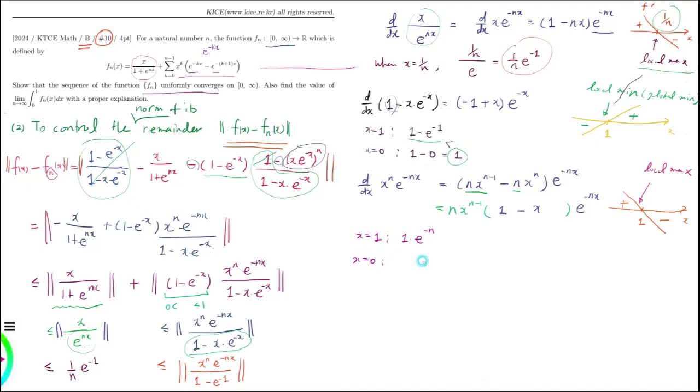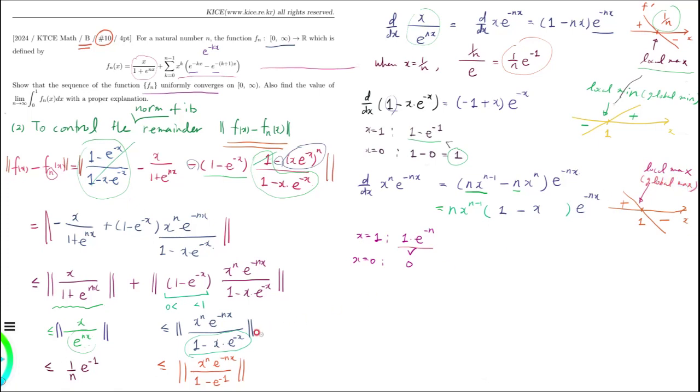For the boundary value, when x equals 0, its value becomes 0. So when x equals 1, this value is bigger than its boundary value. So actually this is a global maximum value.